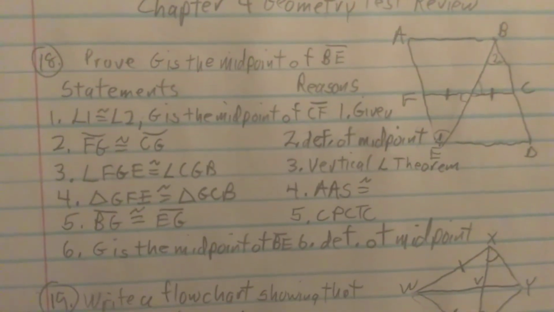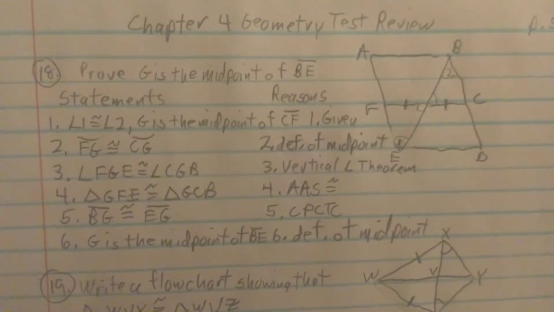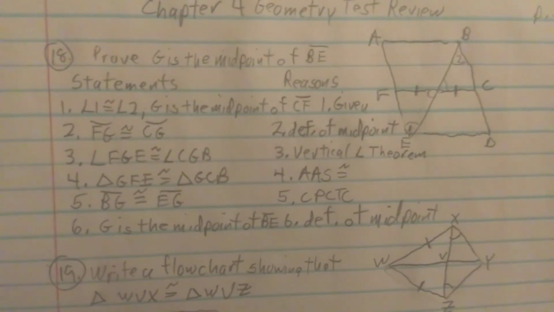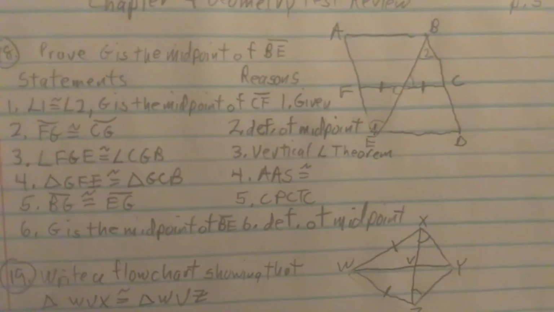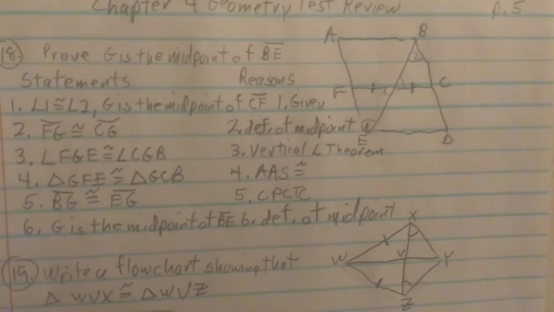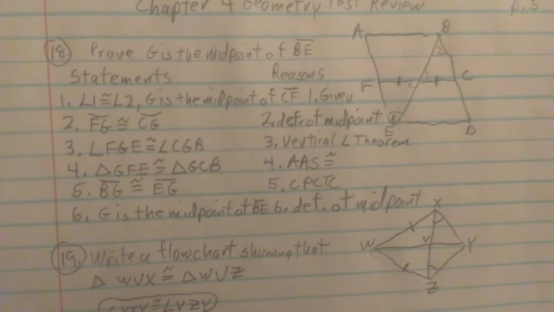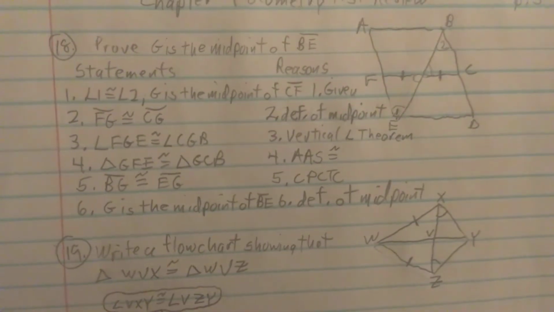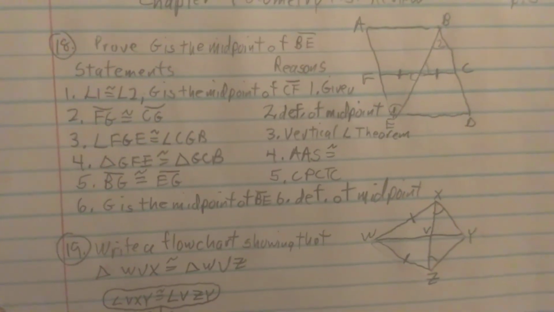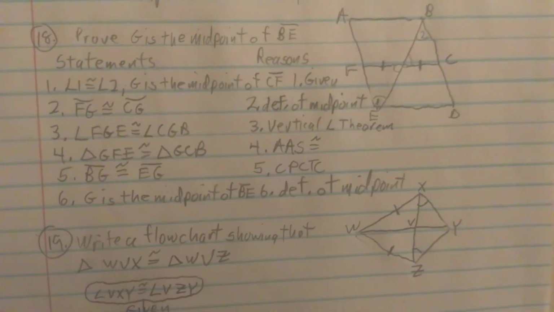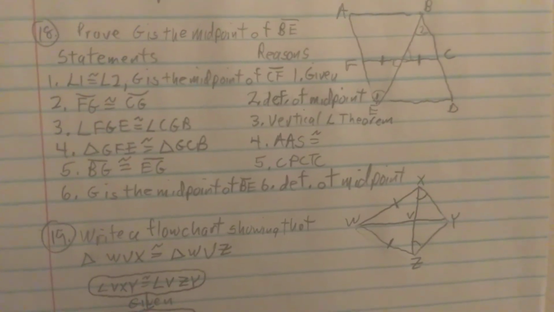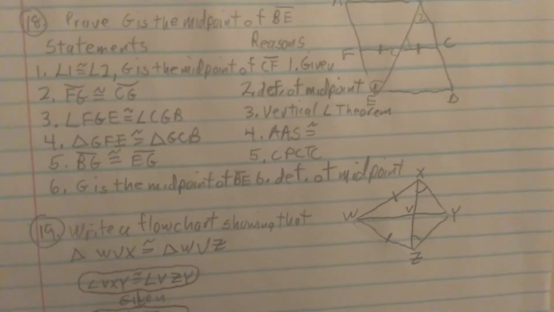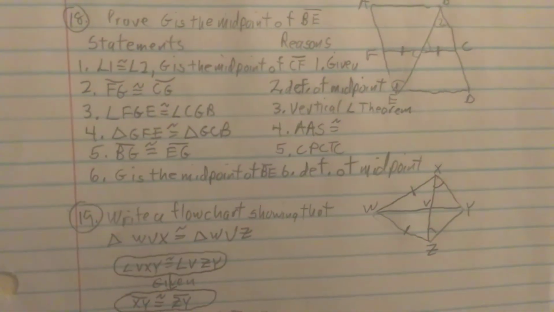On 18, we want to prove that G is the midpoint of BE, where we're given that angle 1 is congruent to angle 2 is a given, and G is the midpoint of CF. So FG is congruent to CG by definition of midpoint.